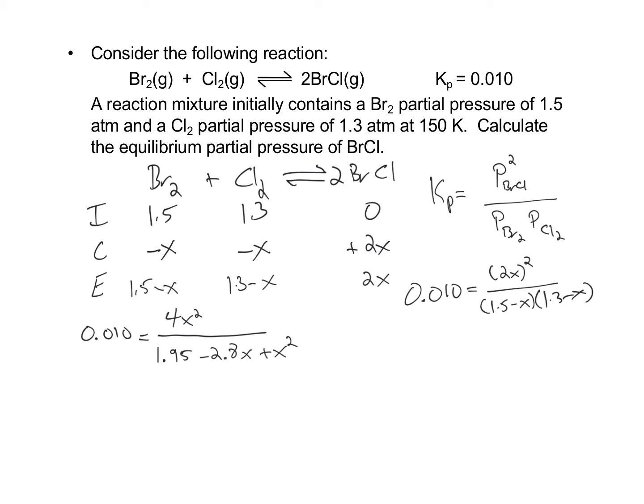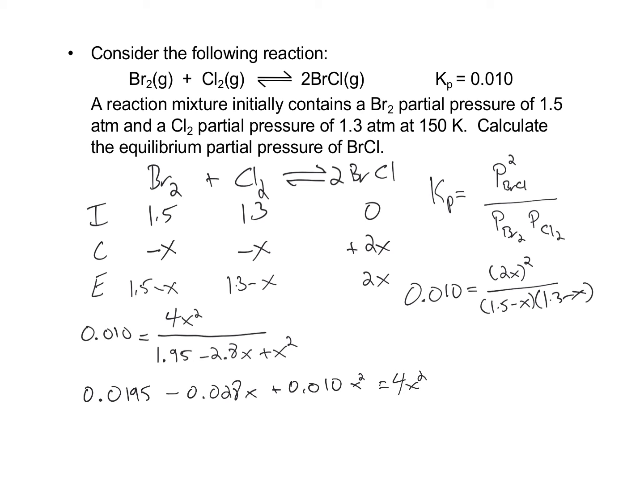Alright, so now I want to go ahead and multiply both sides by that whole denominator to get all those x's out of the denominator. And so I'll have to multiply those by the left-hand side as well. And so we're going to end up with 0.0195 minus 0.028x plus 0.010x squared is equal to 4x squared.